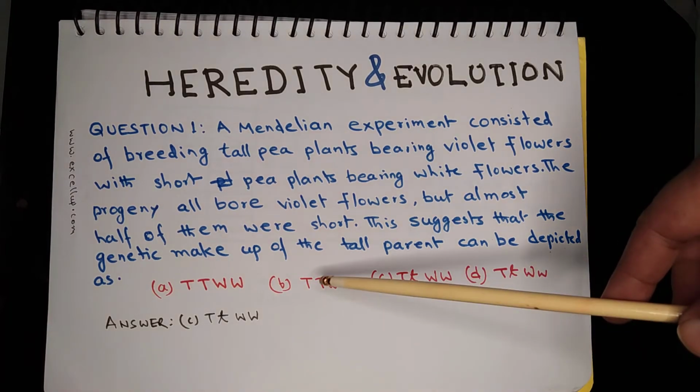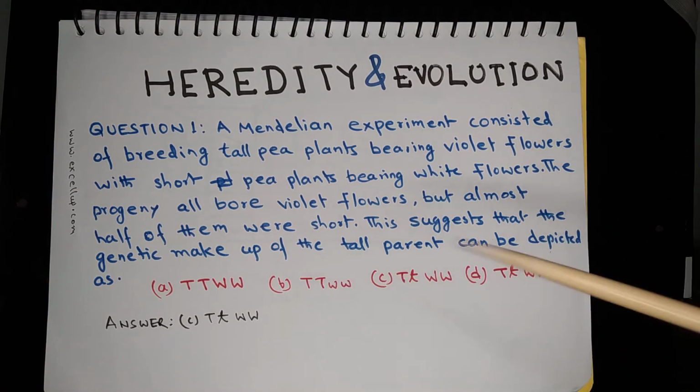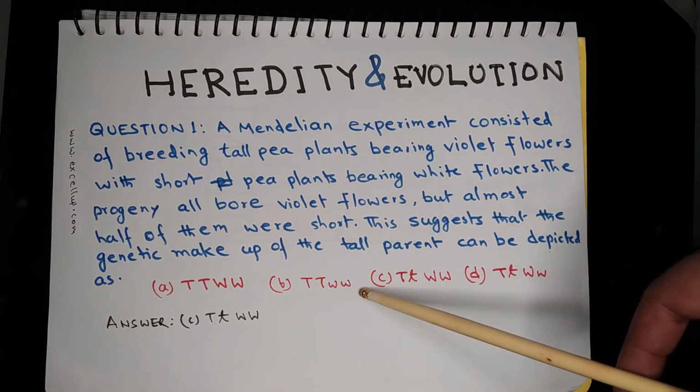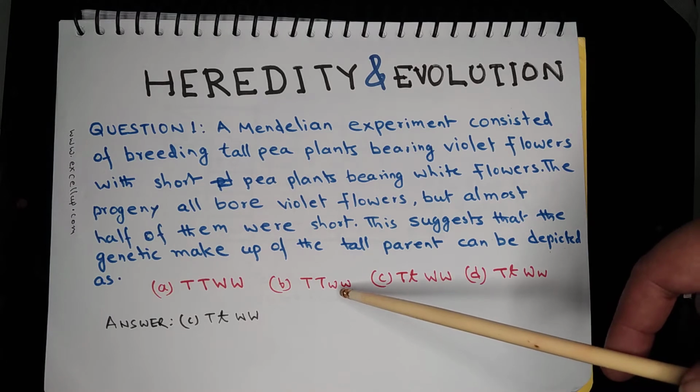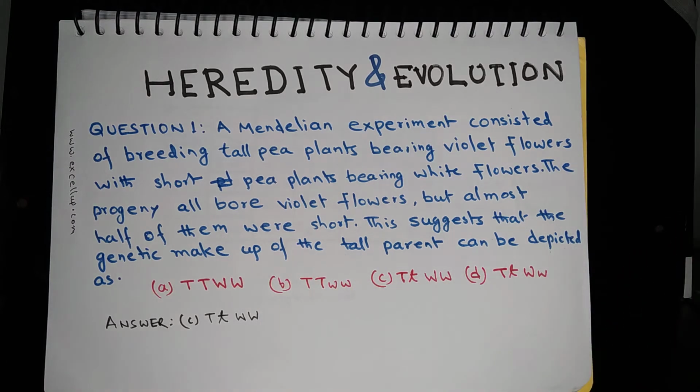In this case, all plants will be tall, and because here all the genes are for white flowers, all the plants will bear white flowers. So these two cannot be the answers.